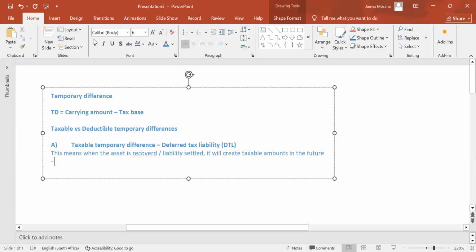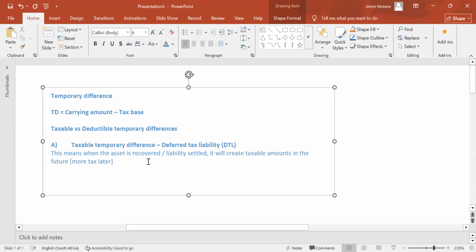In simple terms, we are going to have more tax later. So for you to get your deferred tax liability, you take your taxable temporary differences and then multiply by the applicable tax rate.